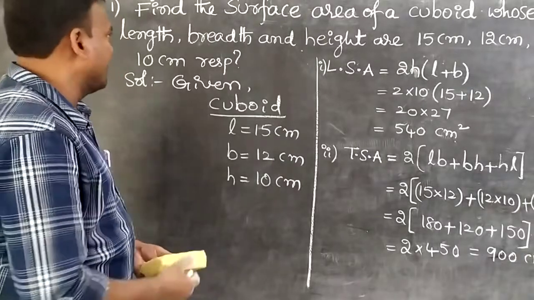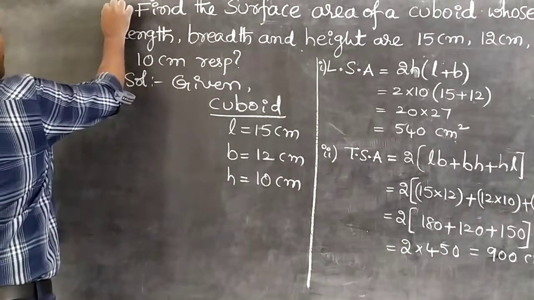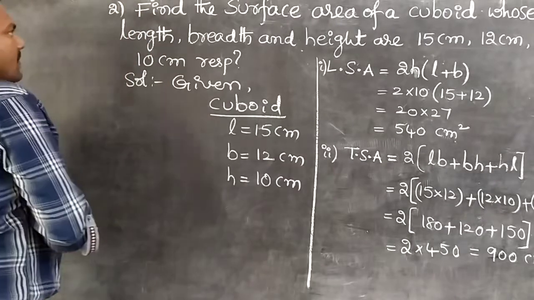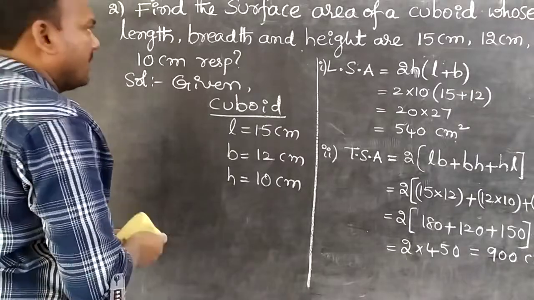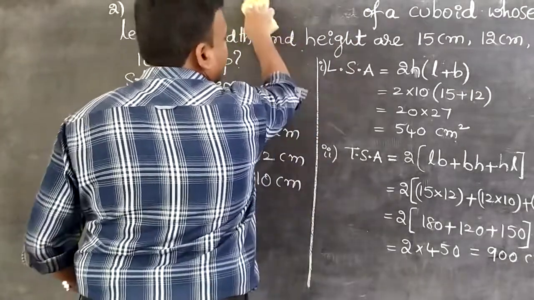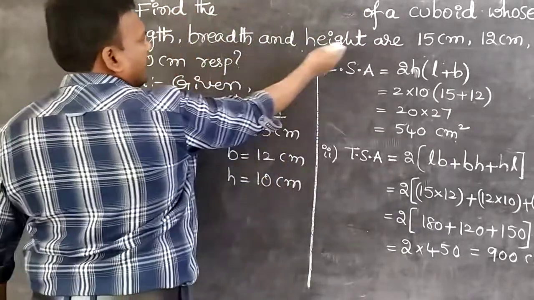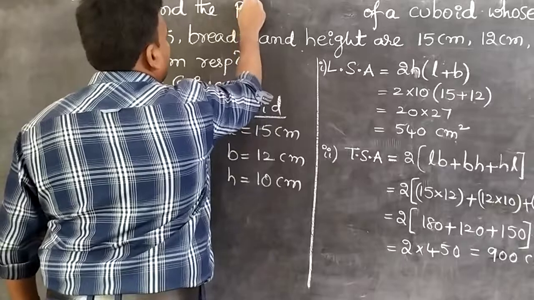Same problem, observe, students. So, problem number 2. Instead of surface area, we have taken perimeter and also diagonal. Perimeter simply, because it is a lengthy problem.